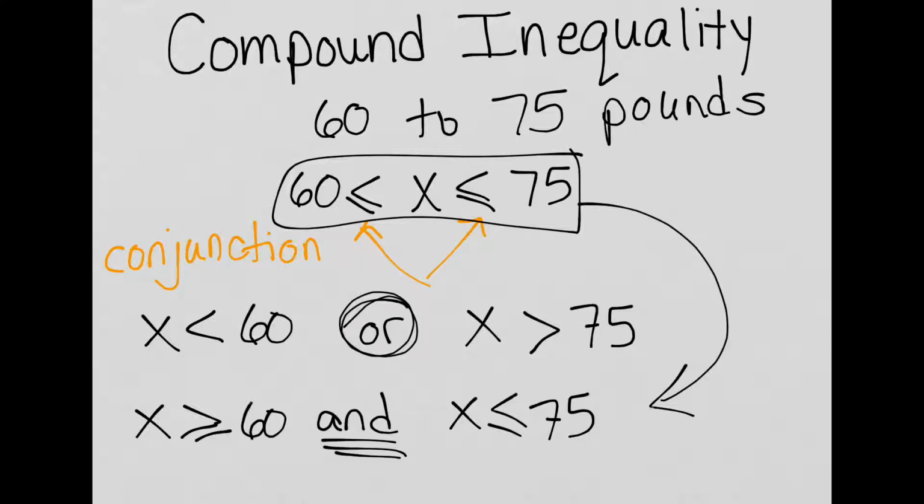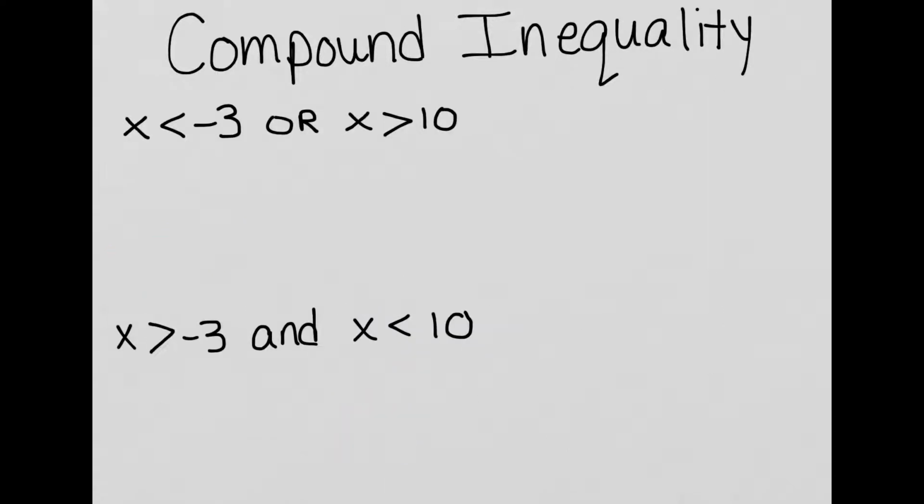Or, two letters, what a big deal. But it can change the entire problem. So you have to pay attention to those two tiny little words, and they will tell you if it's going to be something that's both true at the same time, like and, or if it's just this or that, one or the other. Okay, let's practice.